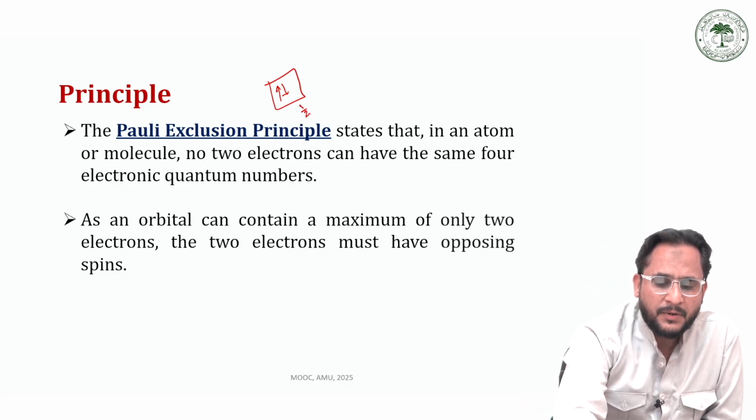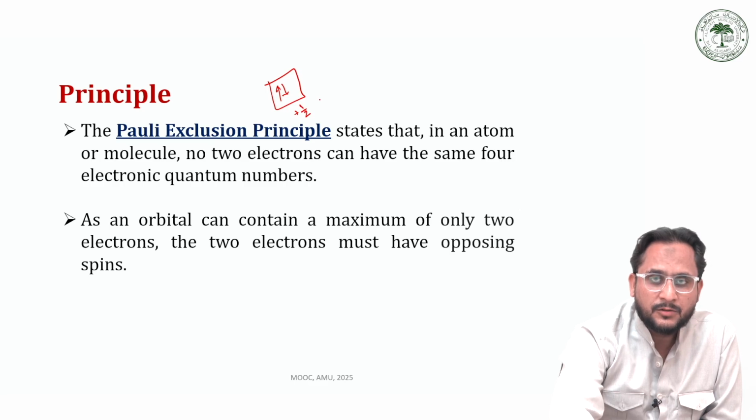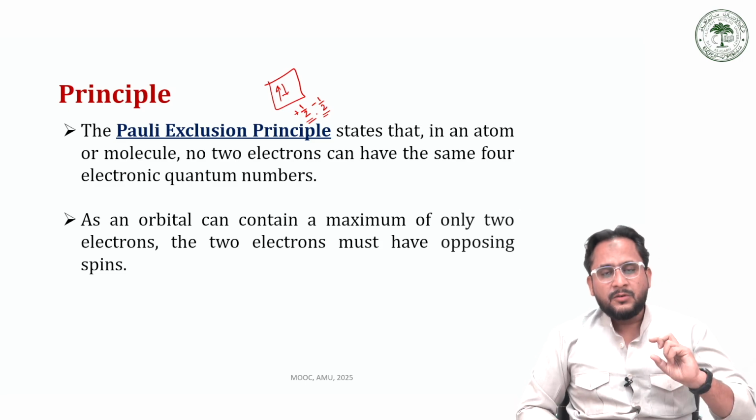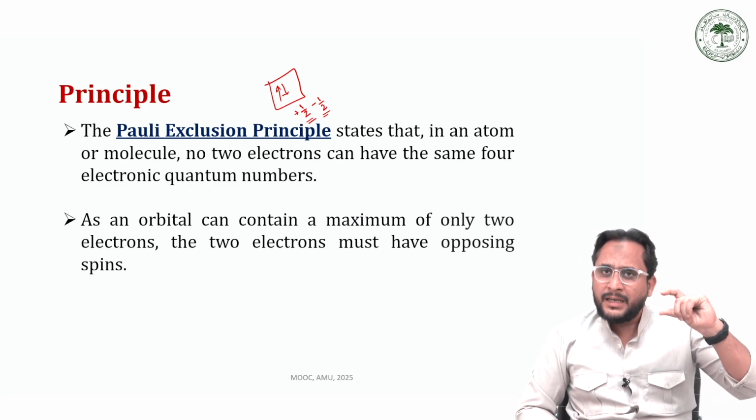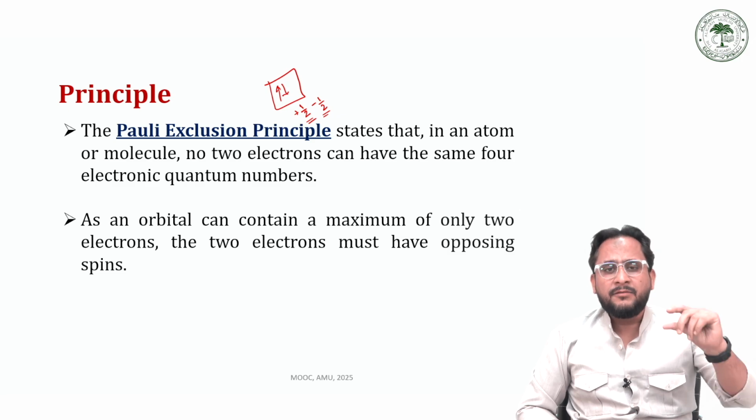One has plus half spin, which is clockwise, while the other has minus half, anti-clockwise. So these two electrons can only remain in an orbital if their spin is paired.